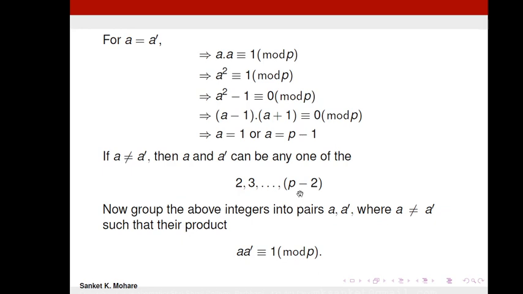Okay, so now we group these integers into pairs a and a dash. Suppose I take a equal to 2, then I have to choose a dash such that the product of 2 and whatever you choose as a dash should be congruent to 1 modulo p. So such pairs we have to do, where a is not equal to a dash, such that their product is congruent to 1 modulo p.